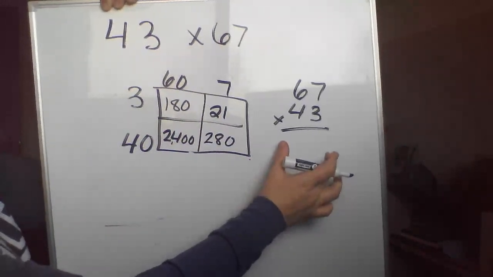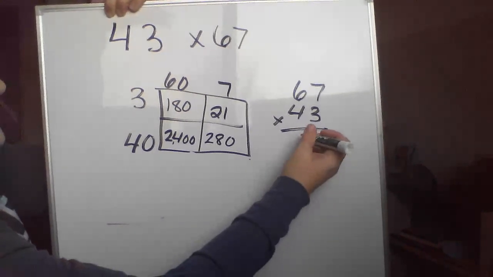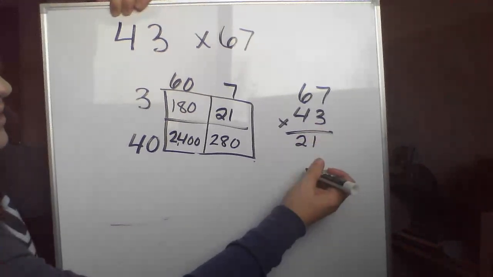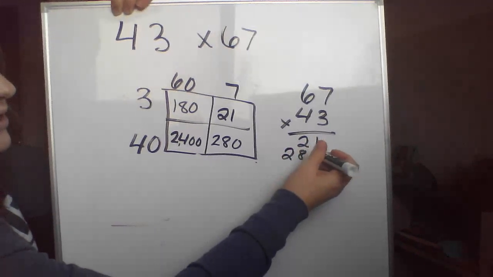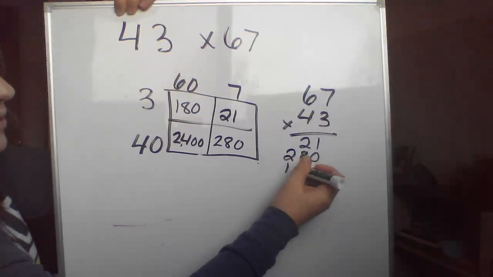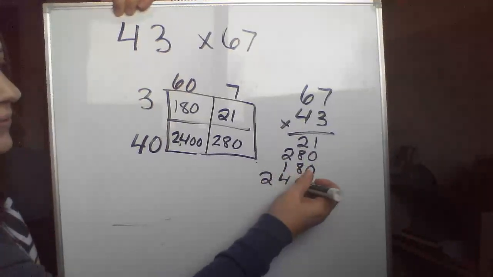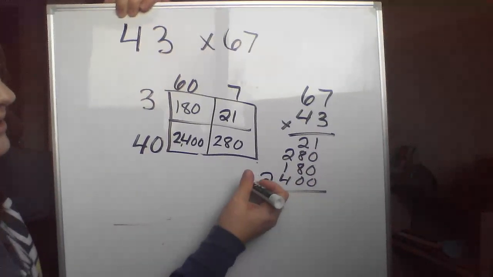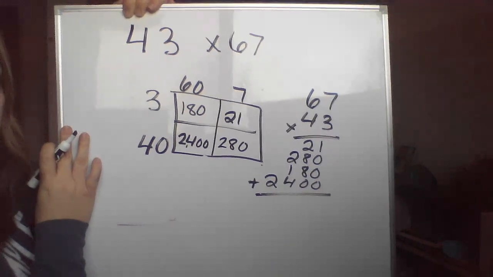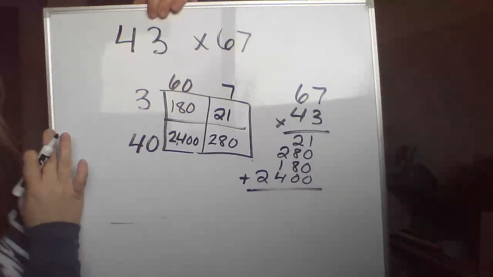Let's bring them over here to add them together. So we have 21, 280, 180, 2,400. Nice and neat. So our place values are lined up.